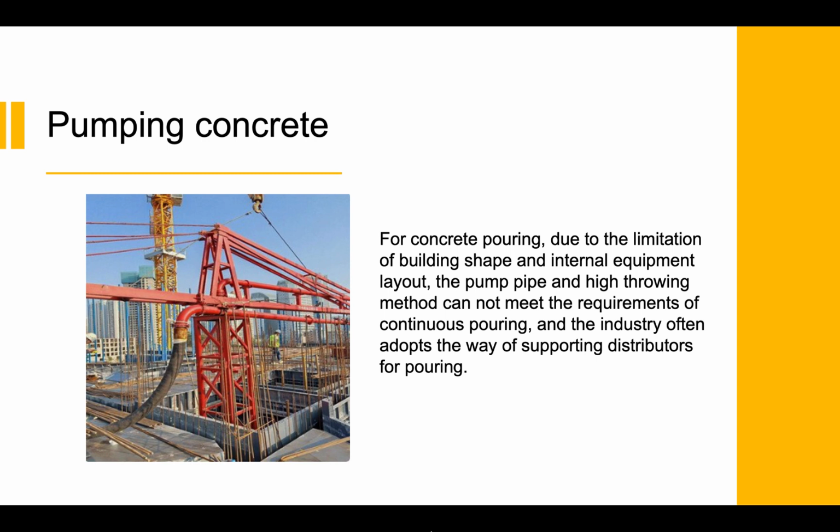The selection and the layout of the distributor should be combined with the actual construction conditions of the site, taking into account the assembly and disassembly, transportation, stability, workability, and other conditions of the distributor, and adopting scientific and practical methods.